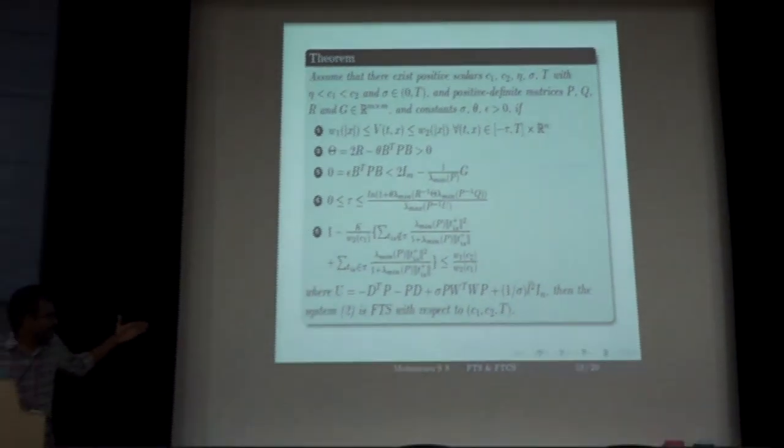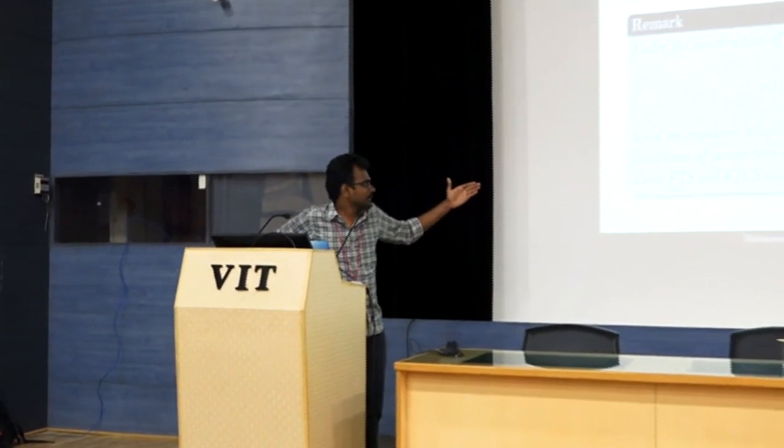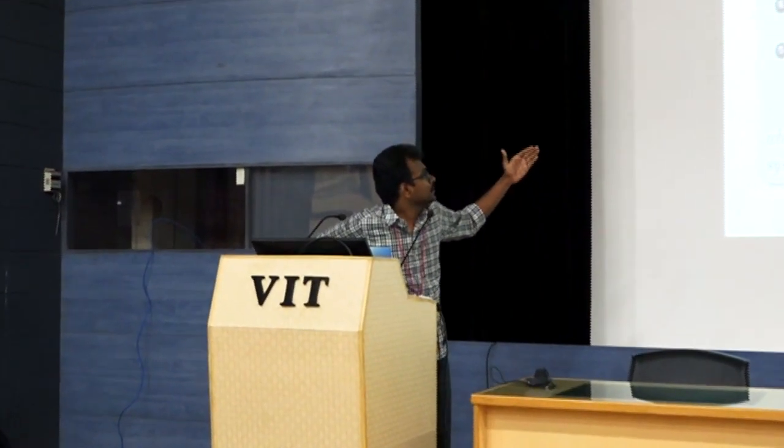These are the results I obtained. I use a Lyapunov function to derive these conditions. If the given system satisfies these 5 conditions, my system is said to be finite time stable with respect to the constants C1, C2 and T. Whereas if I add one more condition, condition 6, my system is said to be finite time contractive stable.